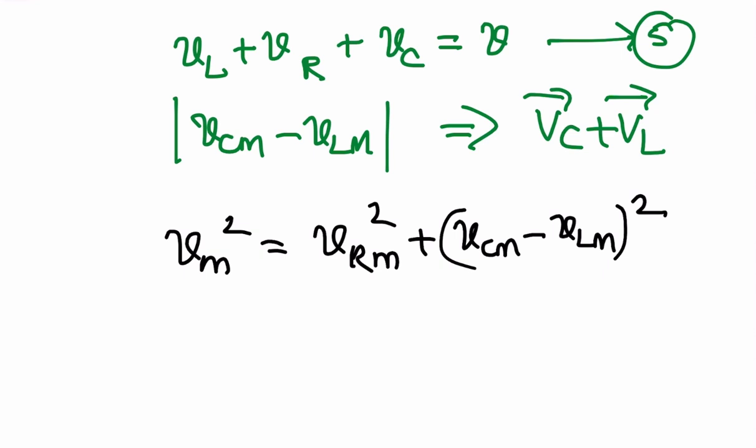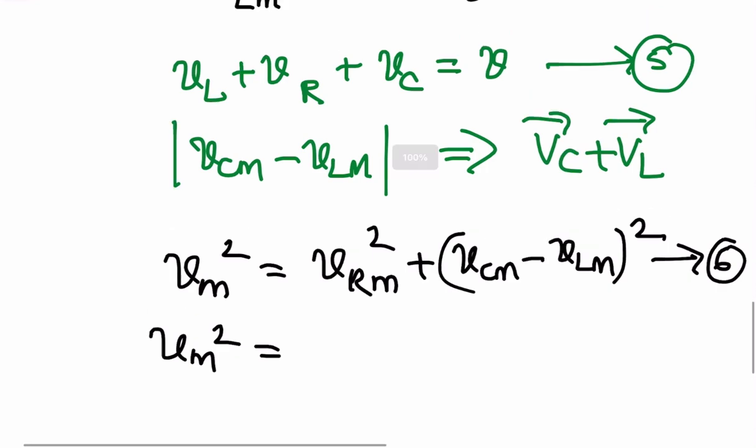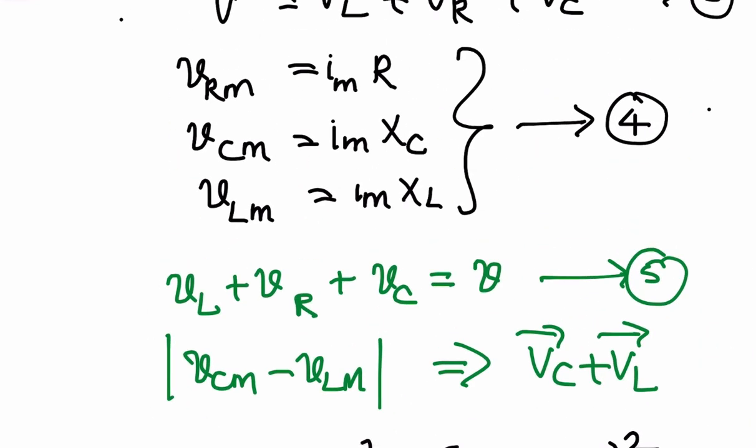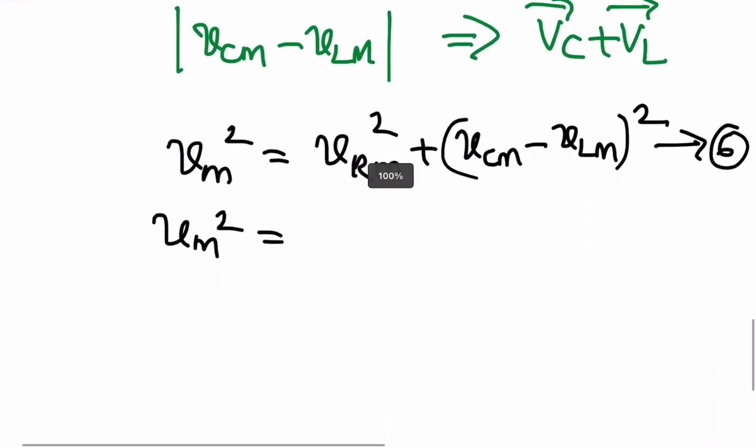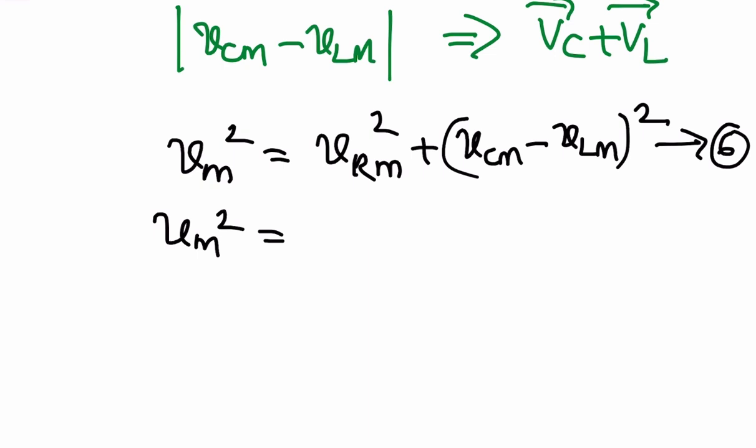Here I have used the Pythagoras theorem. Therefore, Vm square is equal to Vrm. If you go up and see from equation 4, Vrm is Imr, VCm is Imxc, VLm is equal to Imxl. So let us substitute equation 4 in equation 6.